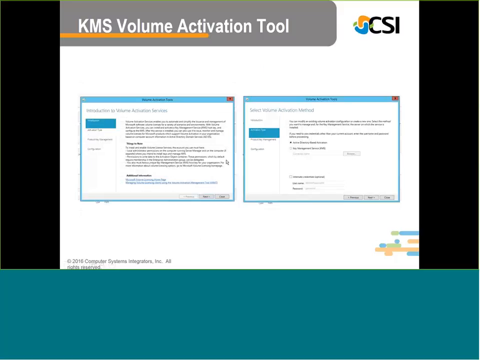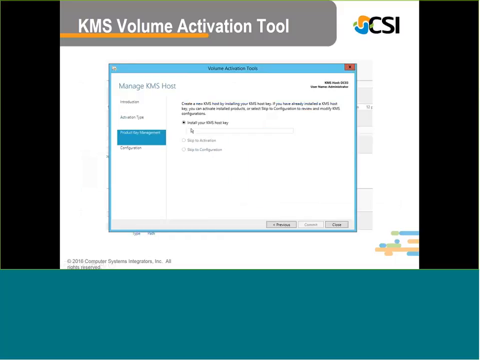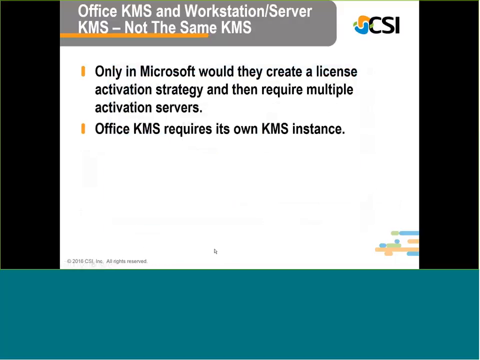Once we run that, it's pretty simple. I come up, volume activation tool, I select key management service. I type my key into here, and then it activates. So that's the way to do it from GUI versus from DOS. Okay, pretty simple.